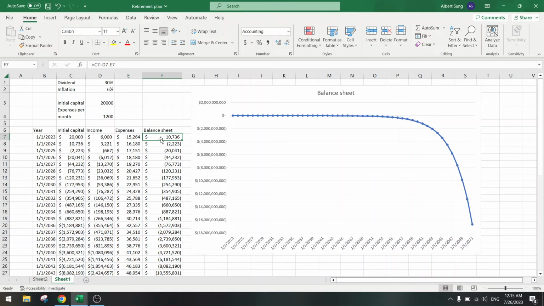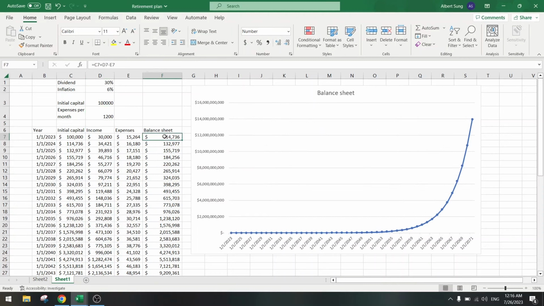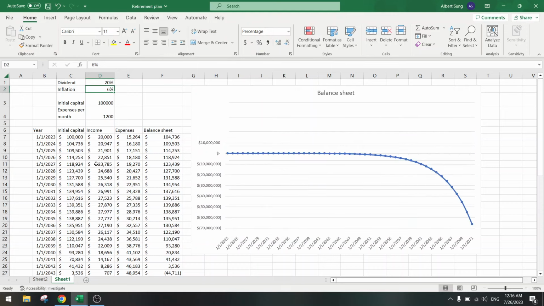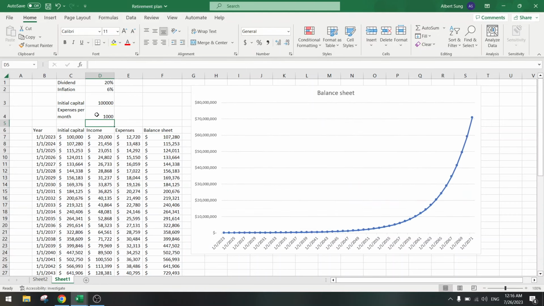Savings are important. Initial capital is important. Otherwise, you will keep working. So I think 100,000 should be enough to get you started with 30% dividend. If you have 20%, that's not enough. Unless you cut your expenses to 1,000, and then it would work again.